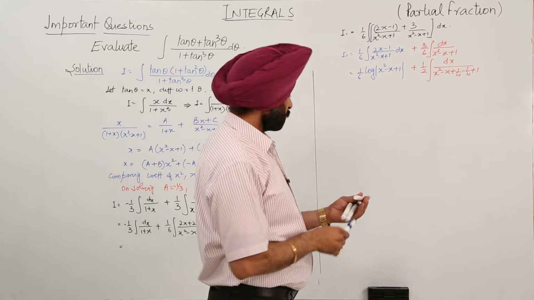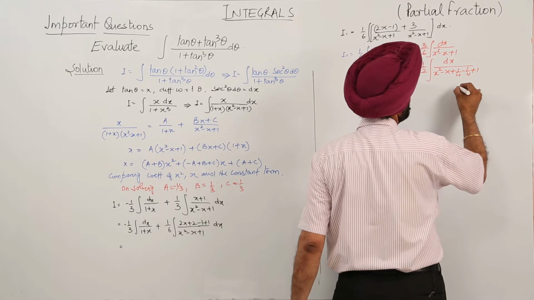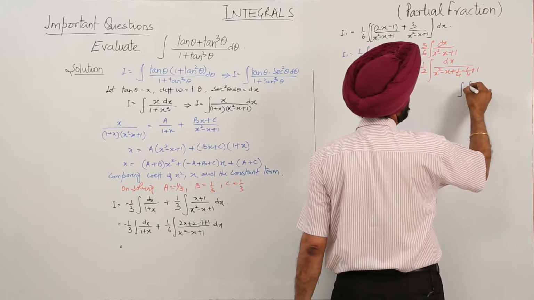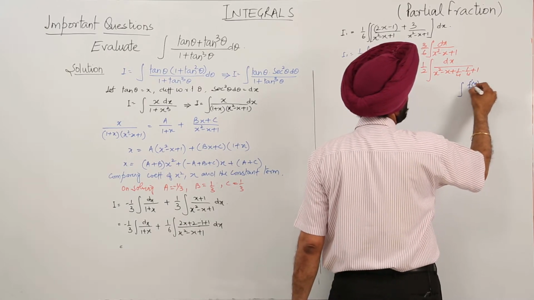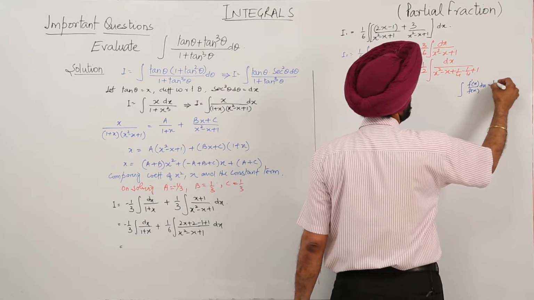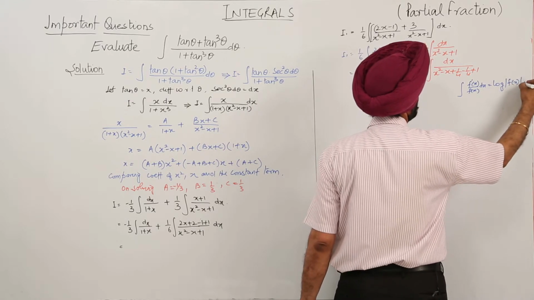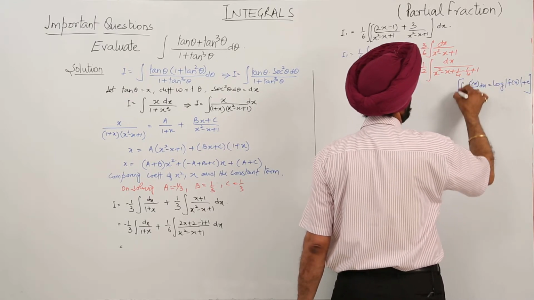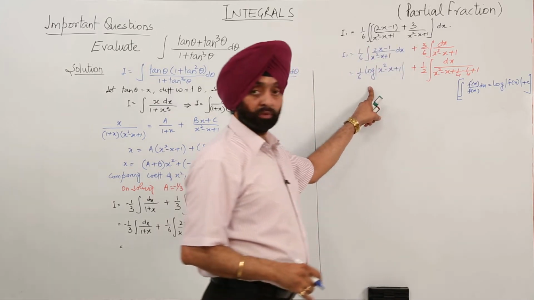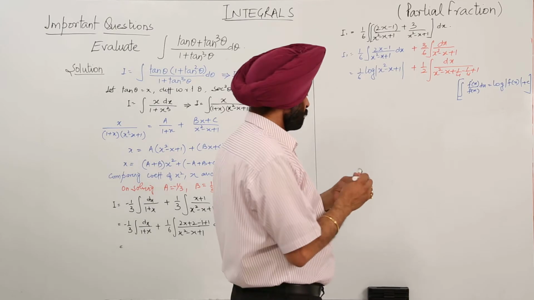For the first part, what have we used? We have used integration of f dash x upon f x dx is equal to log mod of f x plus c. So the first part is done directly by the formula.